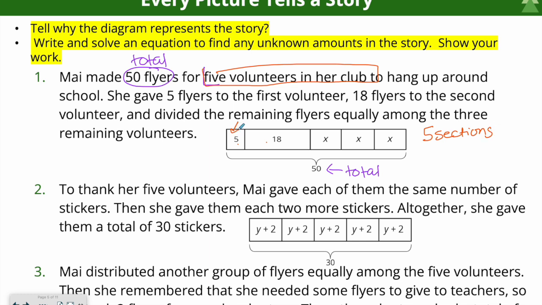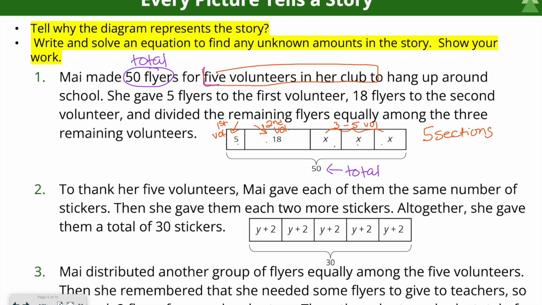The first section is our first volunteer that got 5 flyers. The second section is the second volunteer that got 18 flyers. And then we have 3 sections to represent volunteers 3 through 5 that each got some unknown amount.